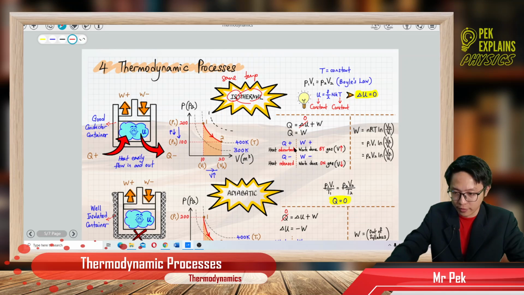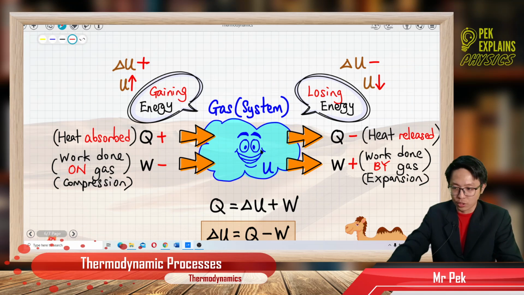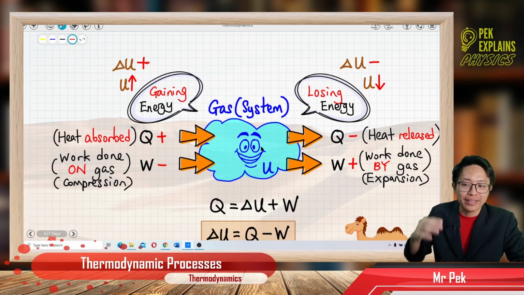Okay. Let us look first at the first situation. When Q is positive, heat is absorbed into the gas. What happened? Look at the first one. When heat energy is absorbed into the gas, it does not store inside the gas as internal energy.